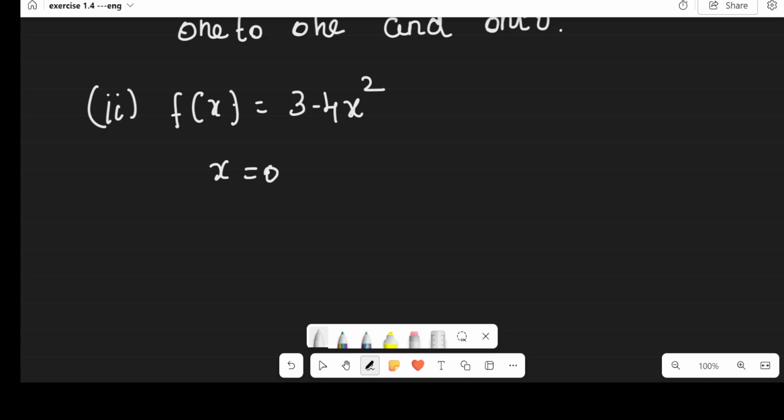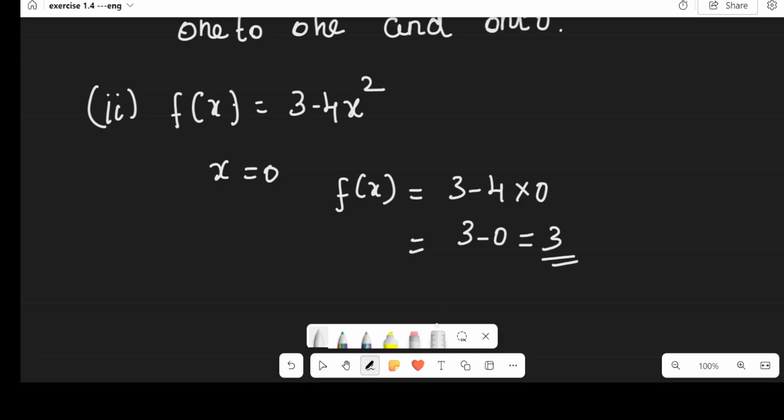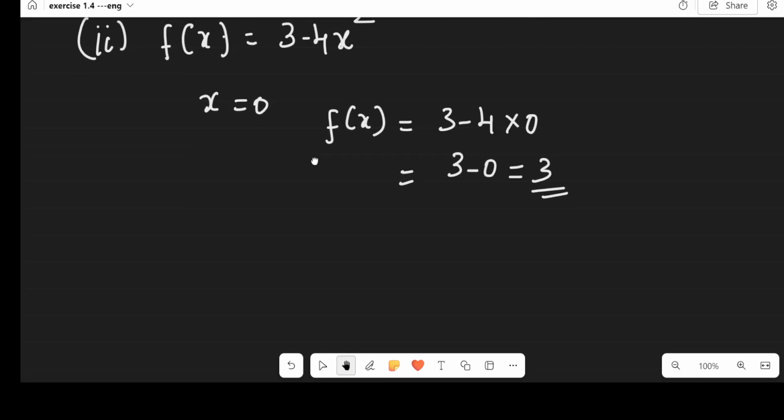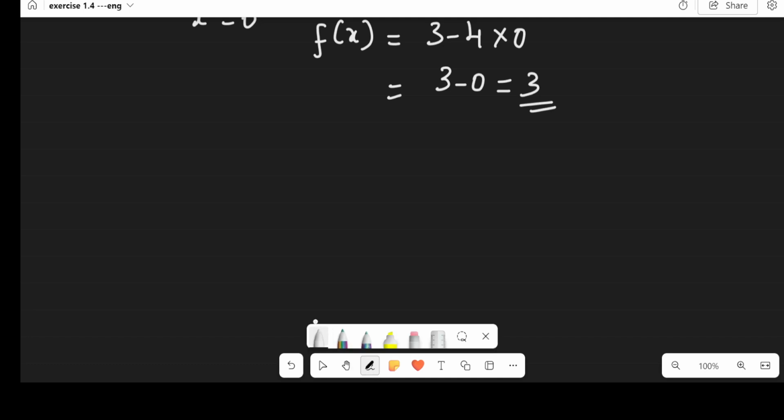Now I am giving x is equal to 0. Then we get f of x is equal to 3 minus 4 into 0. So 3 minus 4 into 0 is 3, right? And next we are going to provide x is equal to 1.